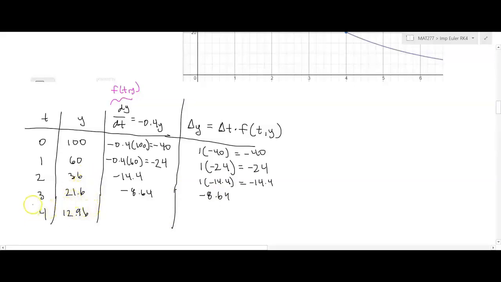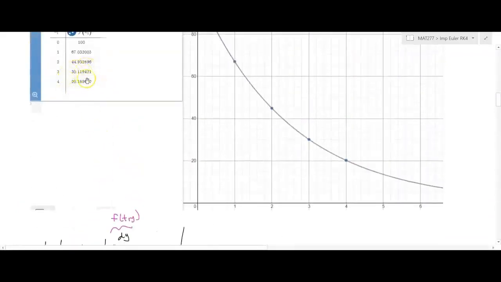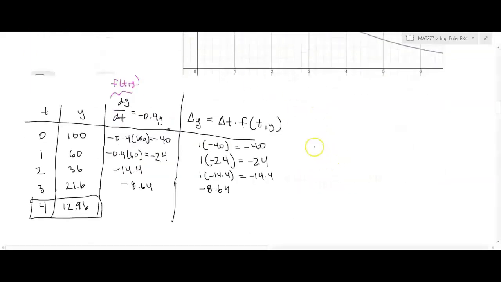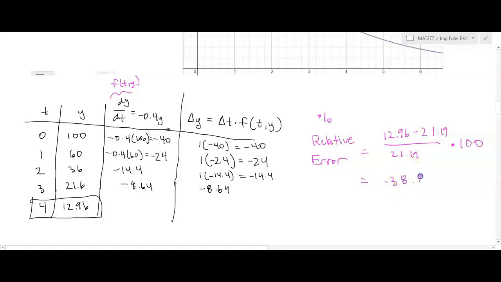Now, that value of 12.96 is not at all close to what we had expected of 20.19. So our relative error is quite large, or percent relative error, which is my estimated minus my exact, divided by my exact, multiplied by 100 to get it into a percent, comes out to negative 38.84%.